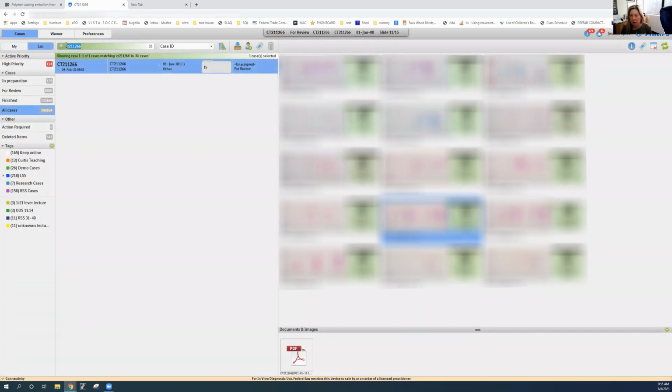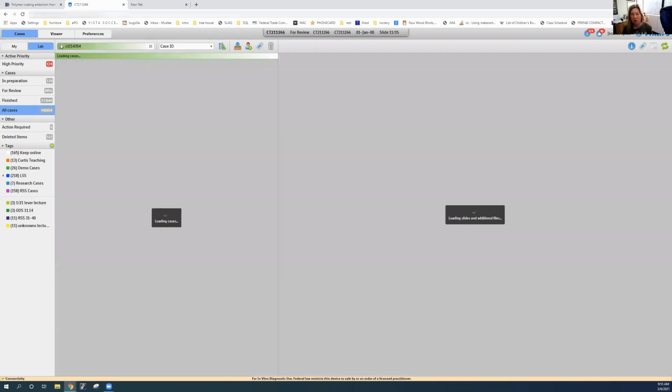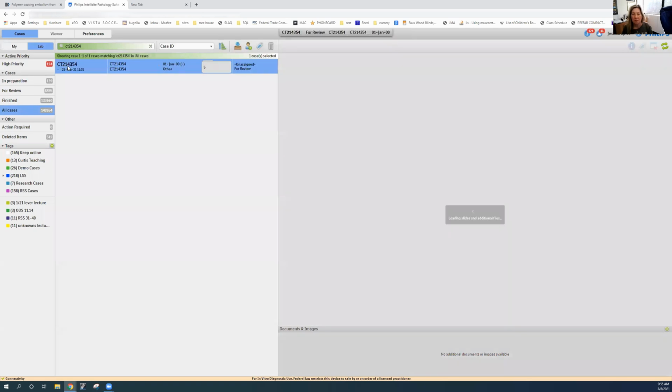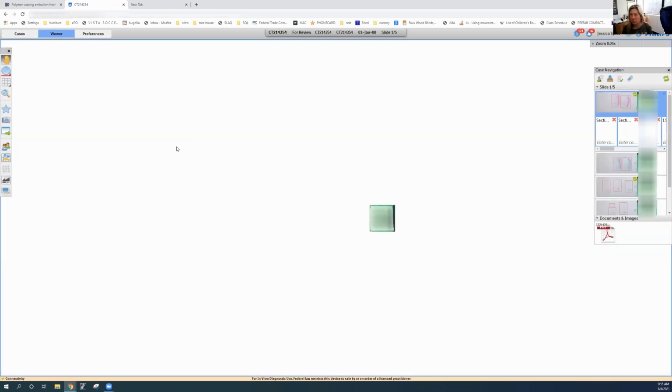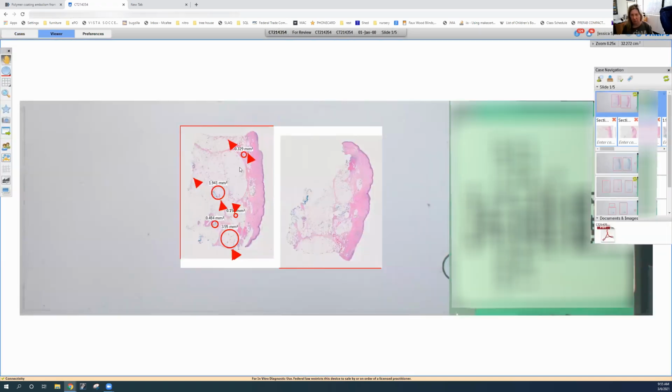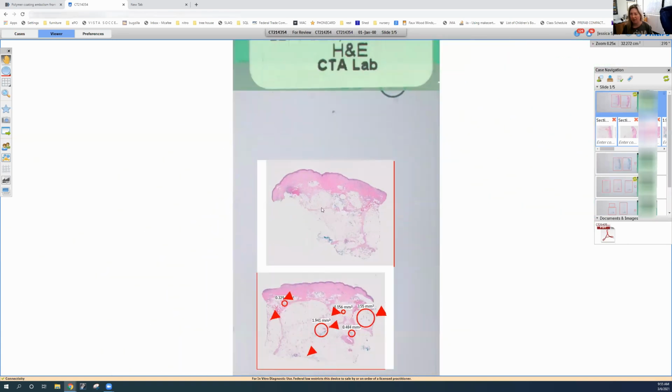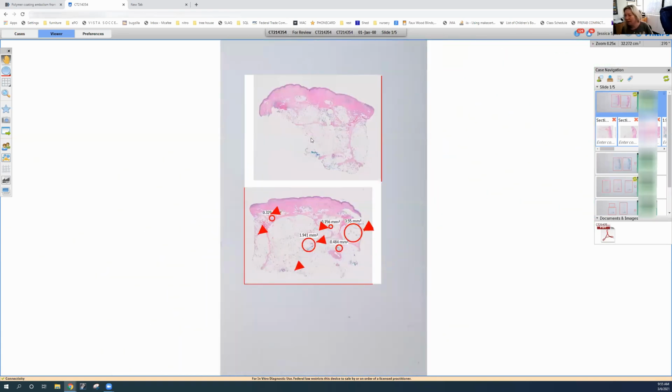Next case, another very, very rare phenomenon. Something that we're asked to rule out quite a bit, but we almost never see. And you can see lots of arrows in this, this was my case. I like to use the arrows and the circles.